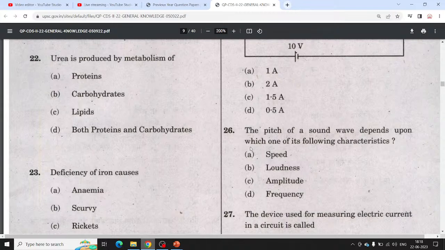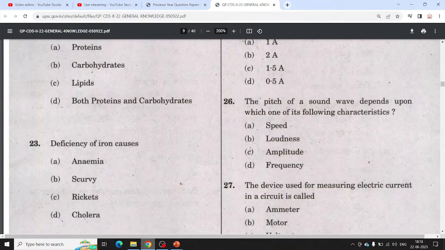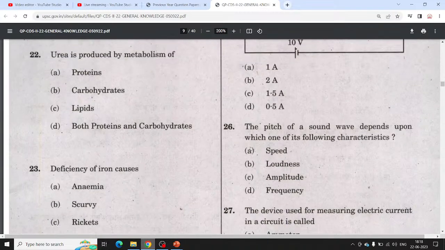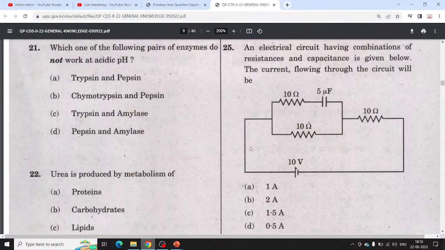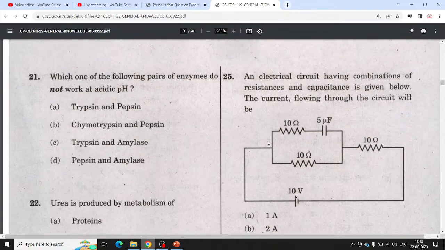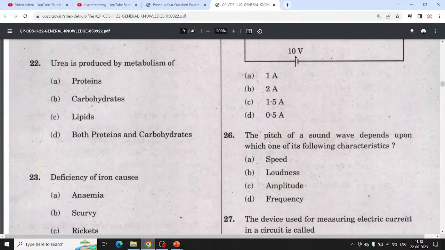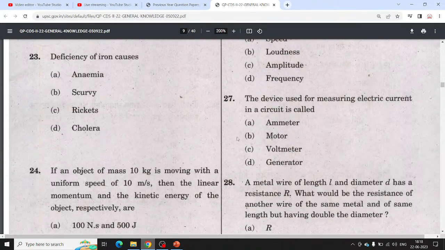That time I'll tell you the formula for frequency. Okay. So remember this. Tell me 23. Deficiency of iron causes what? Yeah. Anemia. Correct. Okay. Now next question. Anirudh will answer. Ready, Anirudh? It's the toughest question in this question paper. Yeah. Only Anirudh will answer. Don't help him. 27. Only Anirudh.